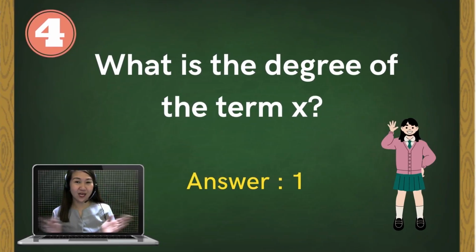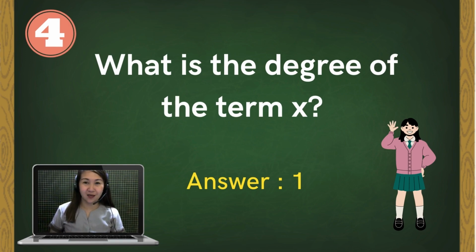And the correct answer is 1. Maybe you're thinking, teacher, I am not seeing any exponent in the term x. Remember that if you're not seeing any exponent, it is already understood that the exponent is 1.